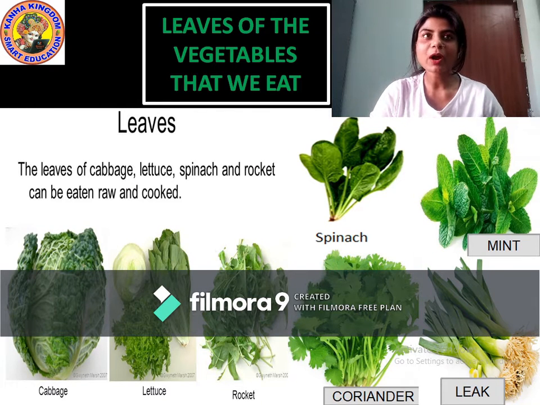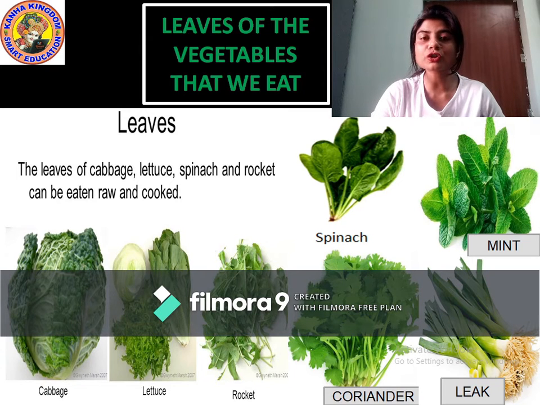Now we will learn about the leaves of the vegetables that we eat. Now we will study about the leaves of the plant that we eat as vegetables. The leaves of cabbage, lettuce, spinach and rocket can be eaten raw and cooked.